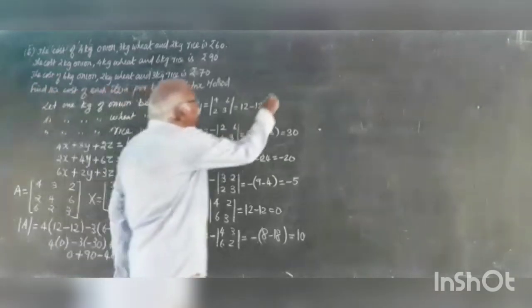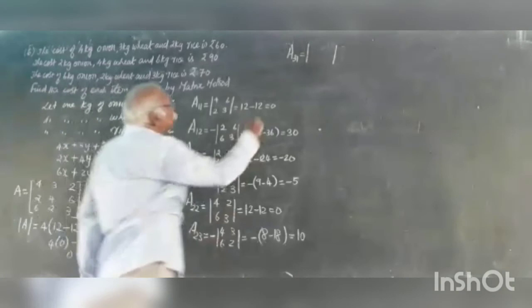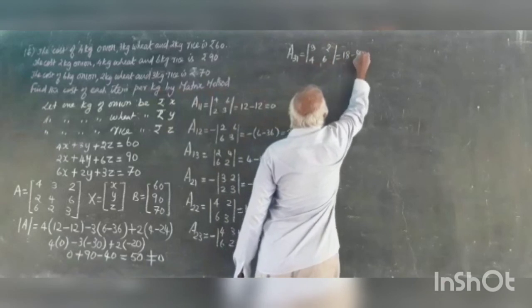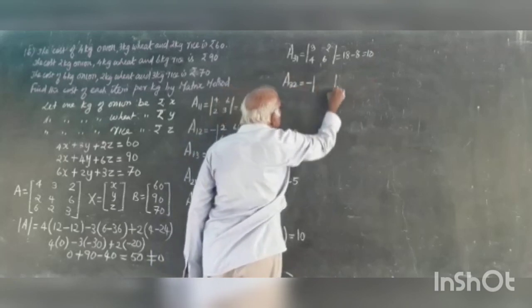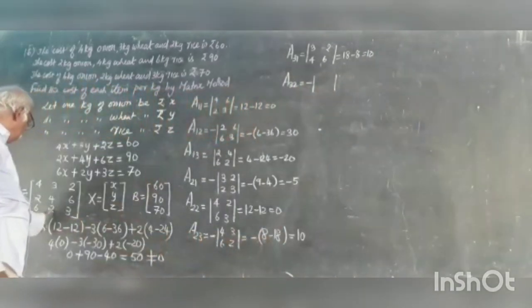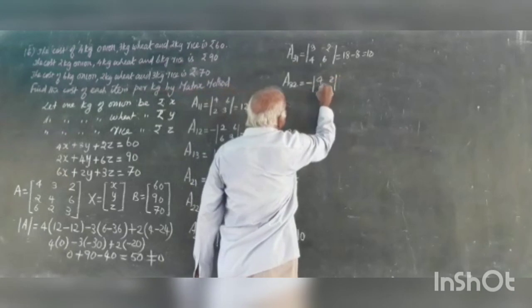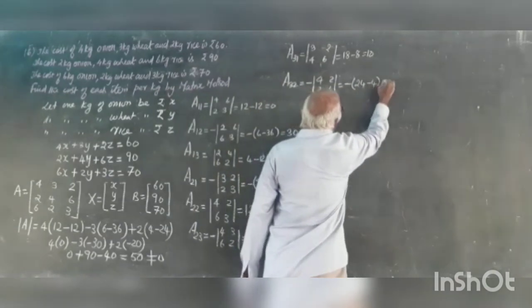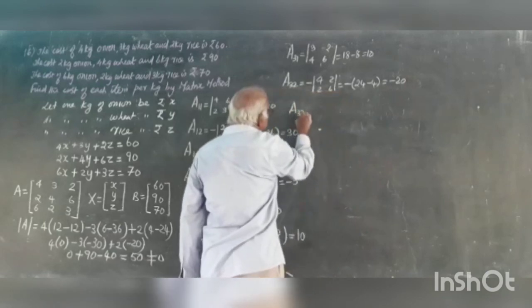Then A31: the minor 3, 2, 4, 6 is 18 minus 8, 10. A32 is negative: the minor 4, 2, 2, 6 gives minus of (24 minus 4), which is minus 20.